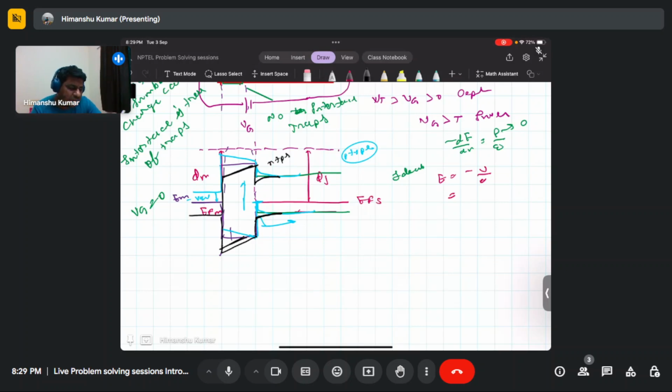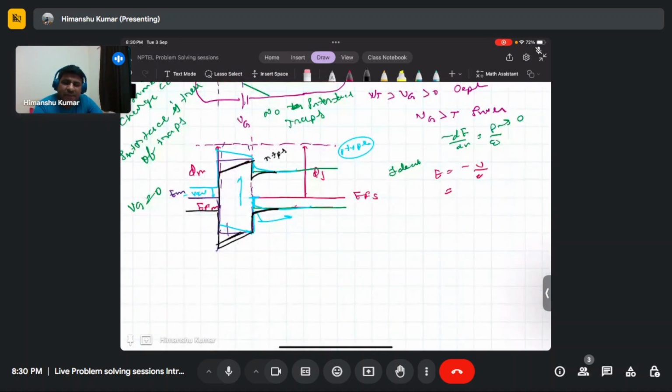As you can see, the interface is becoming more n type, because the conduction band is coming closer to the Fermi level, or the valence band is moving away from the Fermi level. So you can say that depletion of the holes is taking place, to increase the n type charge carriers.